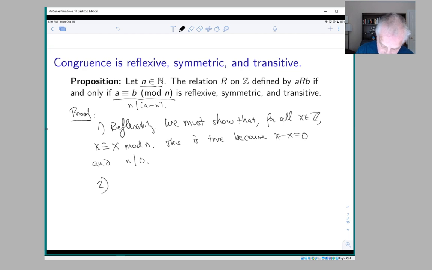Second of all, symmetry. Well, we must show that if x is congruent to y mod n, then y is congruent to x mod n.